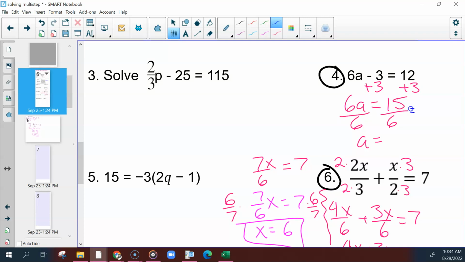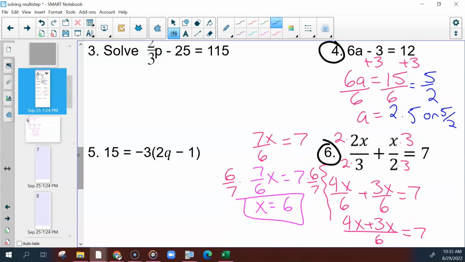If you were to divide these both by 3, you would get 5 halves. So here, you can put 2.5 or 5 halves. But if you got 5/3, and that's a repeating decimal, let's just leave that as a fraction. Questions on that one?